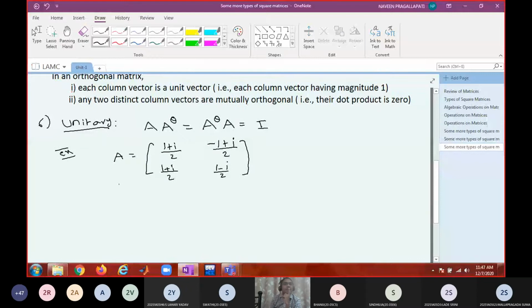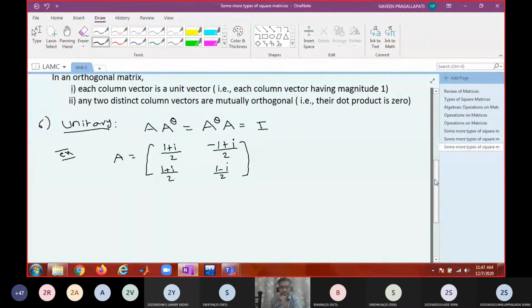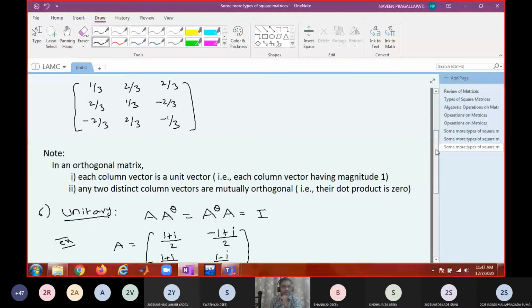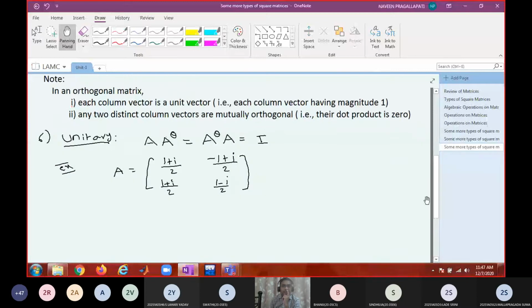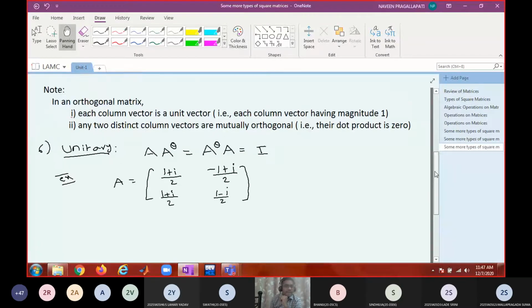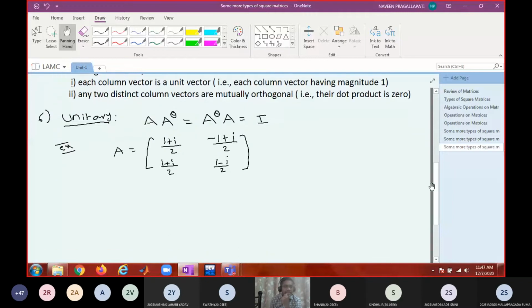So try to see if you can get any property similar to the previous discussion. I didn't observe any property. I didn't look into the properties of column vectors on unitary. You just make a try, and if you find out anything, you let me know your observations. We'll discuss. Okay, so that is about unitary matrix.